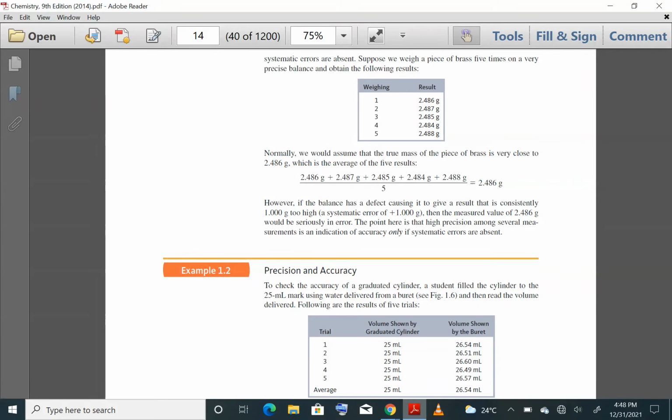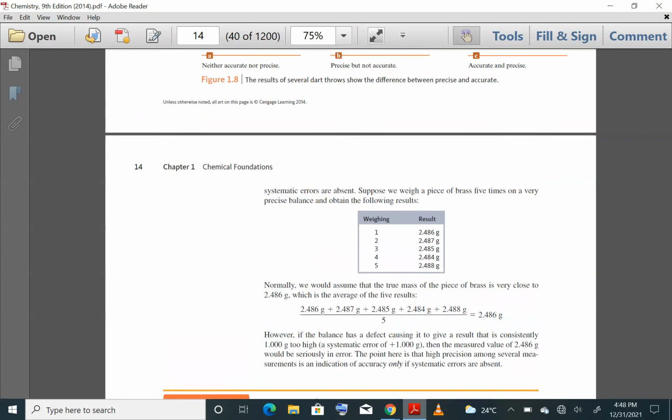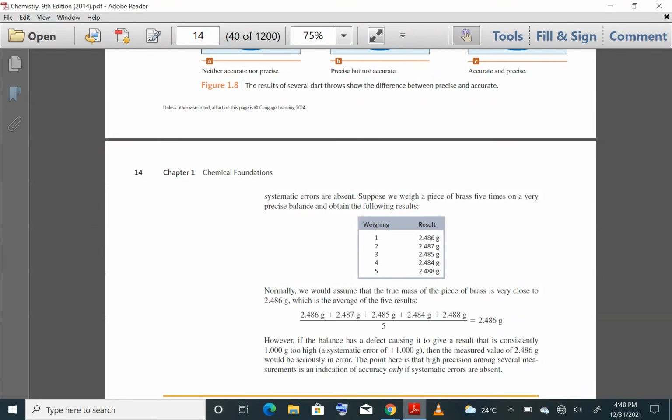So what you see here is that someone did the working, came up with the average, and that's their value. If the balance has a defect causing it to give a result that is consistently too high, let's say by 1 gram, then the measured value of 2.486 grams, the one that we found, would be seriously in error.